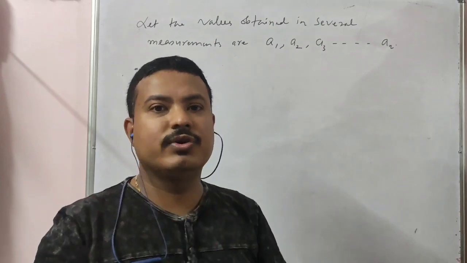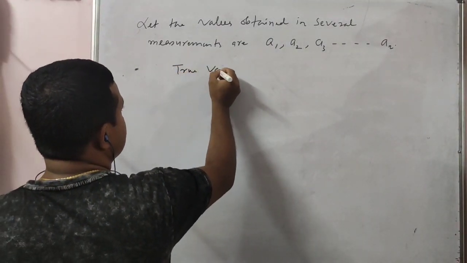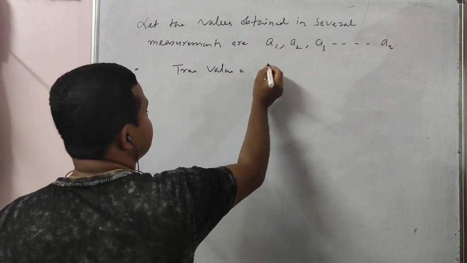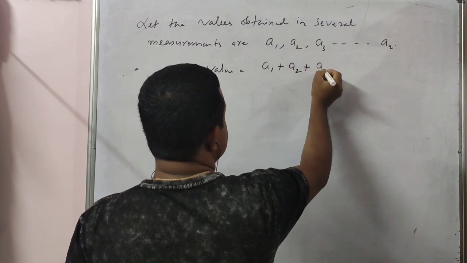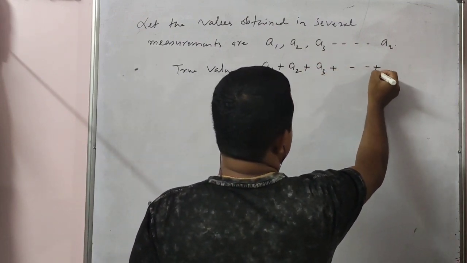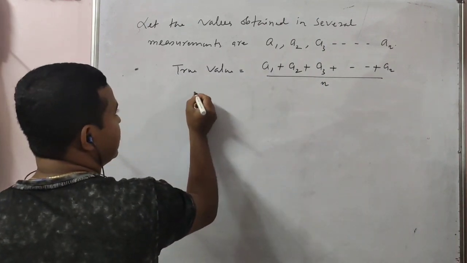That will be the true value. So here your true value will be A1 plus A2 plus A3 up to An divided by n. So this is, you can say, A mean.